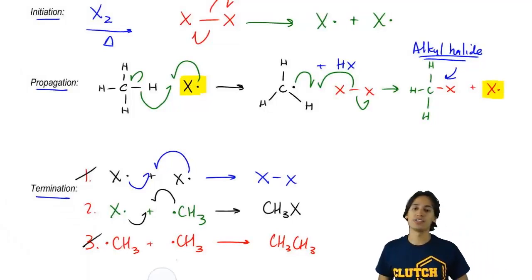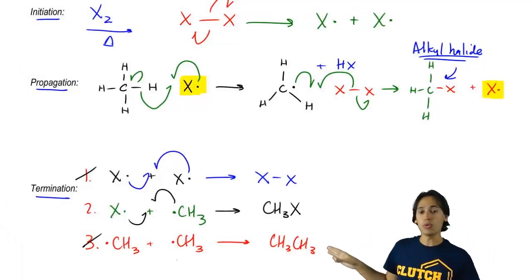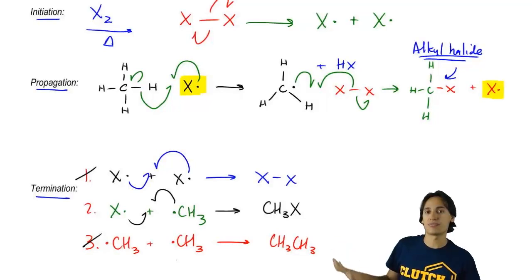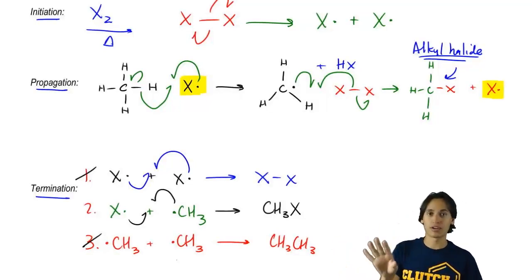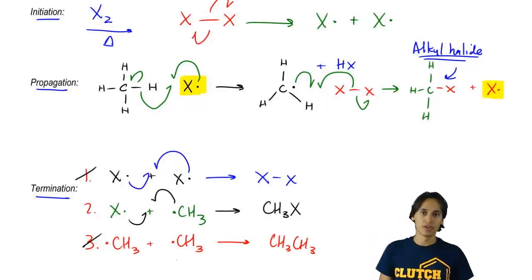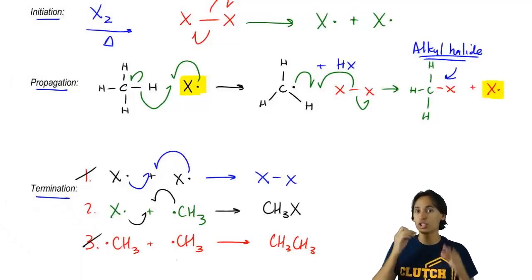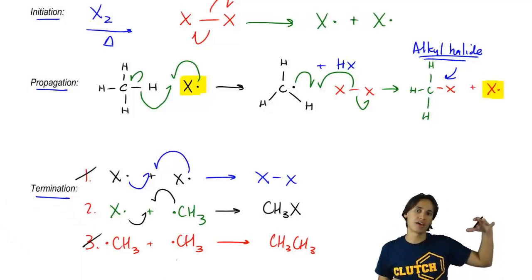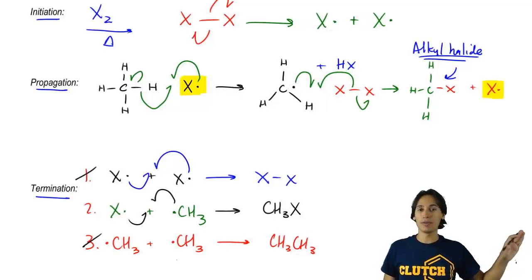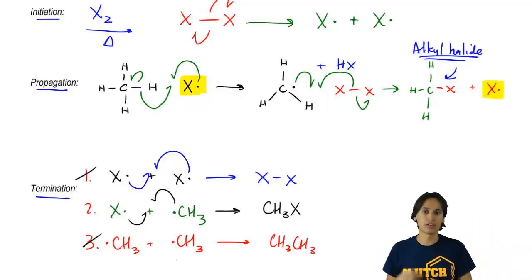The reason is because the only way that I can form ethane here is if I have a methyl radical and a methyl radical colliding. Well, the chances of having methyl radicals is actually way lower than the chances of having a halogen radical. Why? Because you're forming the halogen radicals directly through my energy, through my light or my heat.